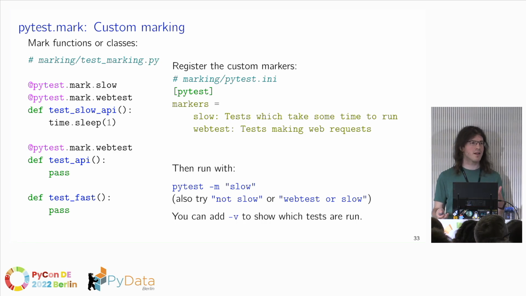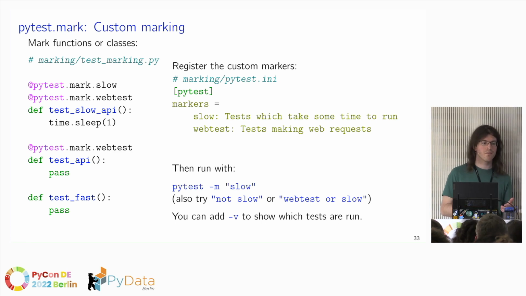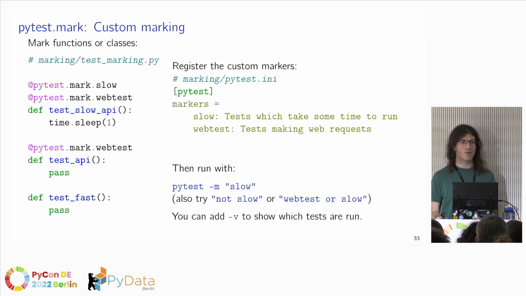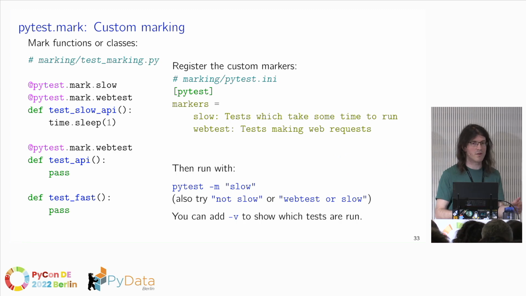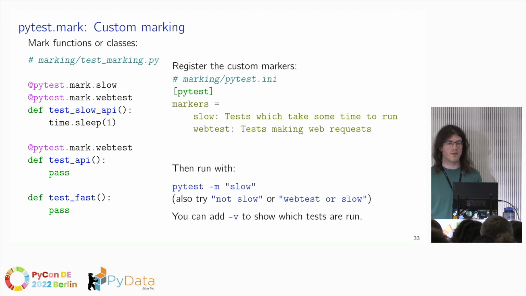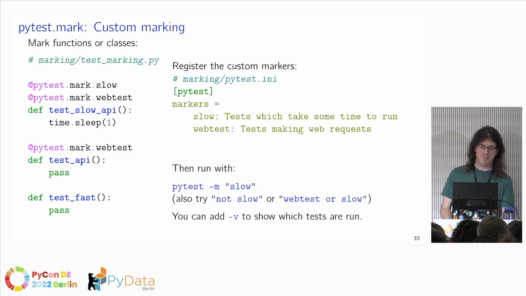Those marks are intended at a very basic level to group tests across your test suite. Maybe all GUI tests, or all slow tests, things like that. So it's an organization which doesn't fit into the file structure, I would say.